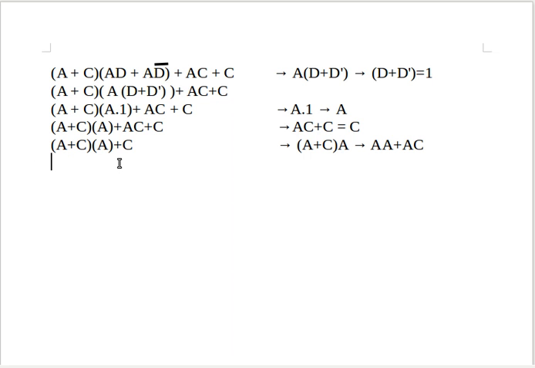So now I'll have AA plus AC, and this I'll use what? The AA law, and this equals A. 1 and 1 is 1, 0 and 0 is 0. So now I'll have A plus AC, and this should simplify to A.